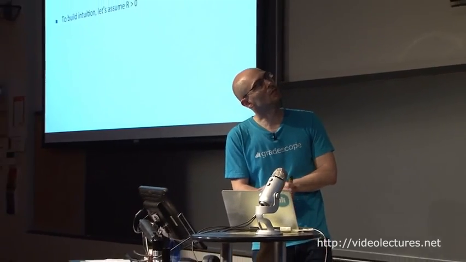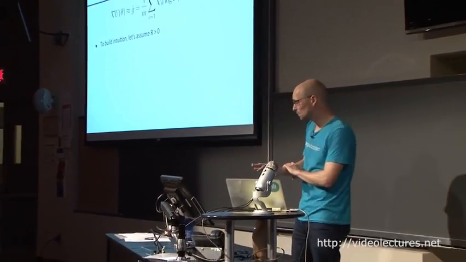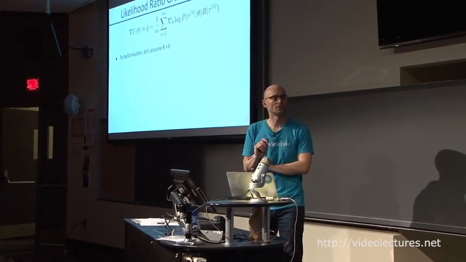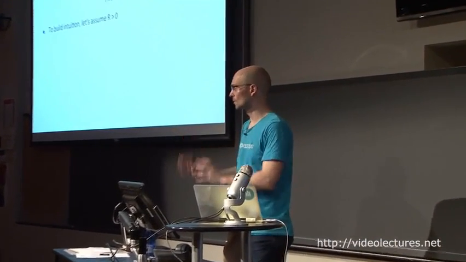OK, this is our equation again. If we want to build some intuition here, we can look at what if the reward is always positive. So reward, no matter what you do, is positive. But of course, for some things you do, the reward is much more positive than for other things. This equation is saying you want to increase the probability of everything you've experienced so far, even the not so great things that had relatively low reward but still positive, more so for the things that were very positive.